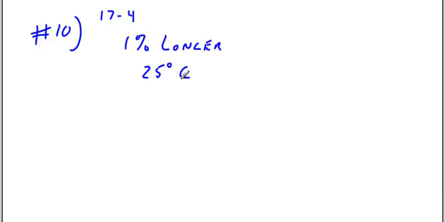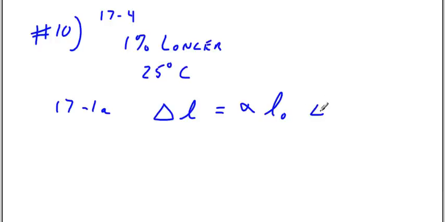All right, and I find that I have an equation, 17-1a, that says the change in length is going to be alpha L naught delta T. And I'm sure that if I turn the page, yes I do, page 460, I look and I see I have brass.